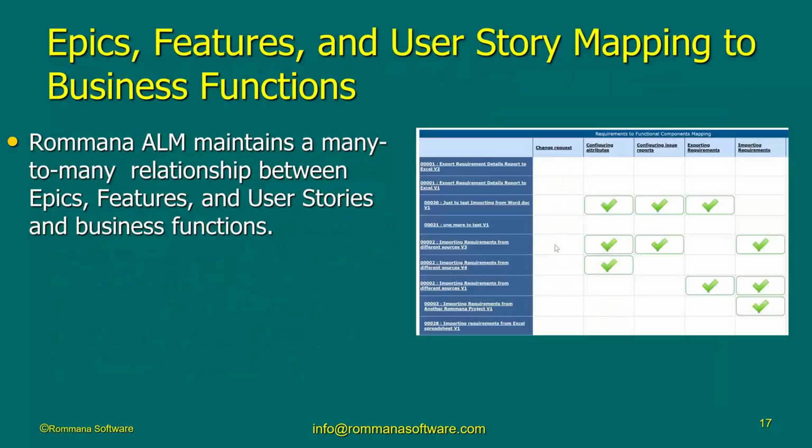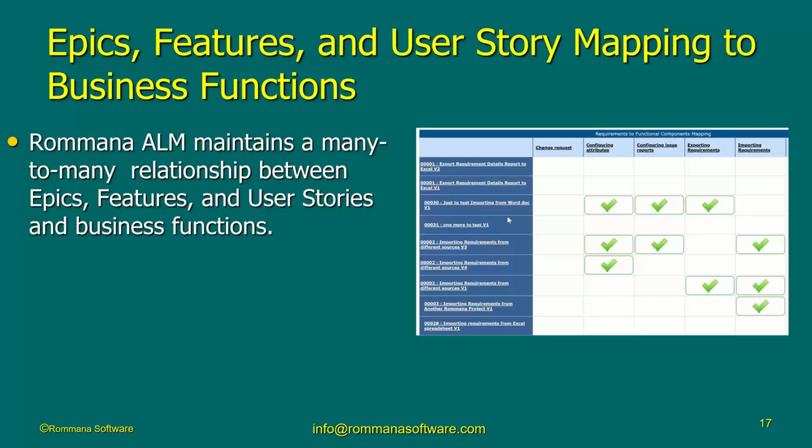All right. We'll skip. In Rommana ALM, you can establish the mapping between your epics, features, and user stories and business functions. So if you have defined your business functions, here are the columns, and here are your user stories on the left, and you can click and unclick here to establish mapping.